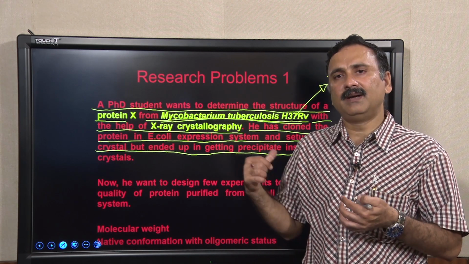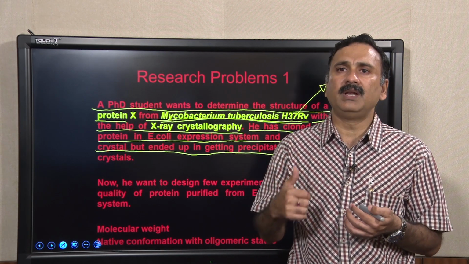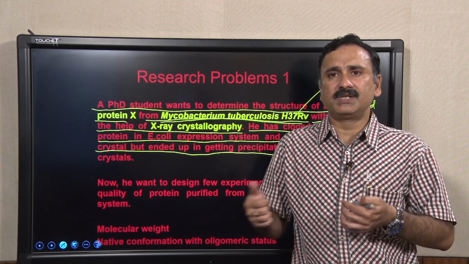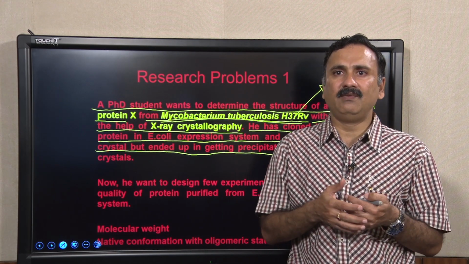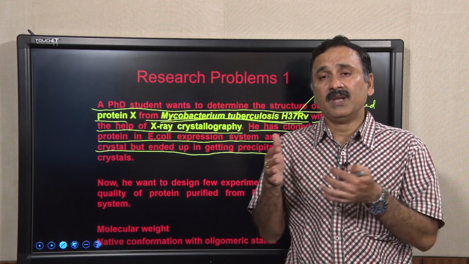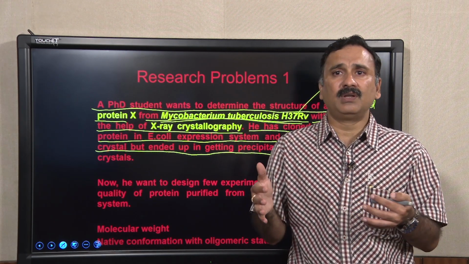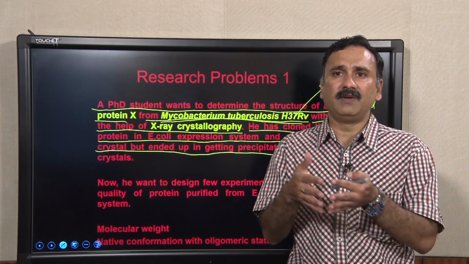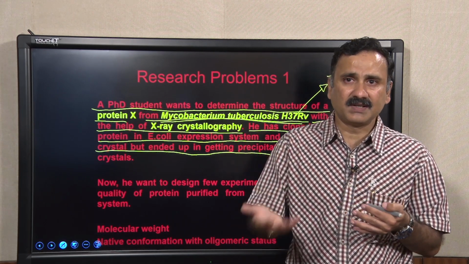Then he incubated the concentrated protein in different conditions, and instead of getting crystals he got precipitate, which means the precipitation of the protein was very fast compared to the very slow process needed to get crystals.